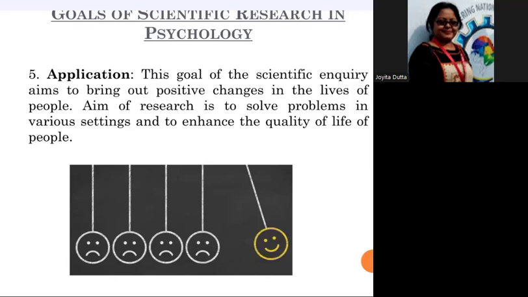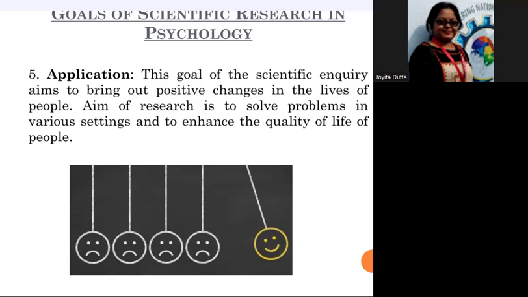So herein, this goal of scientific inquiry aims to bring positive changes in the lives of people. When I had been predicting, I have done my part, how I can control the negative behaviors and all those things. So application is looking forward to positive changes.